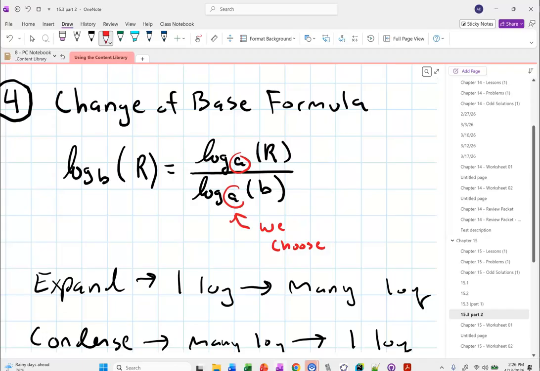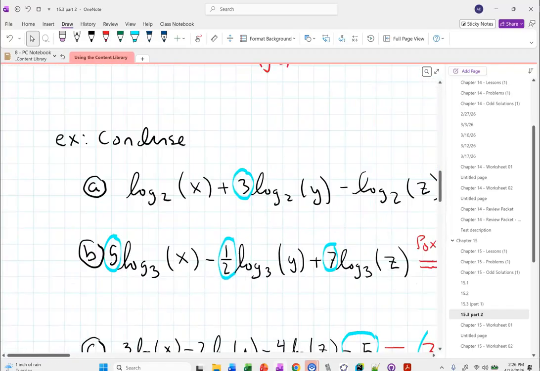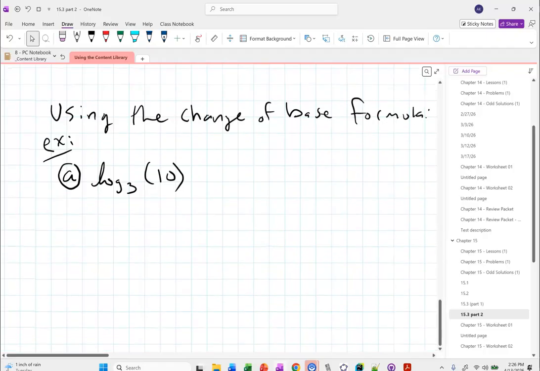Okay. So why 10 or E? That's the question. The answer is because your calculator has log base 10 and log base E as buttons on it. Does it matter which one you choose to use? No, it doesn't.